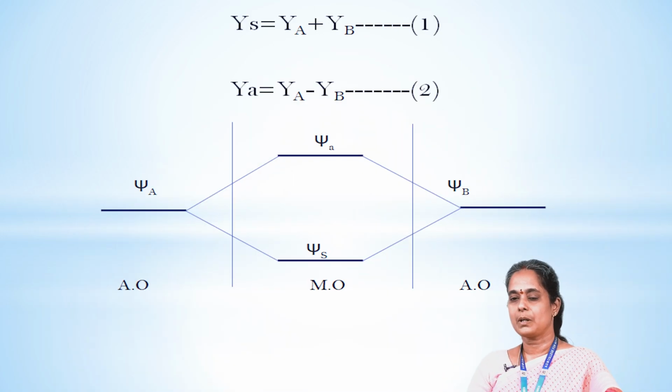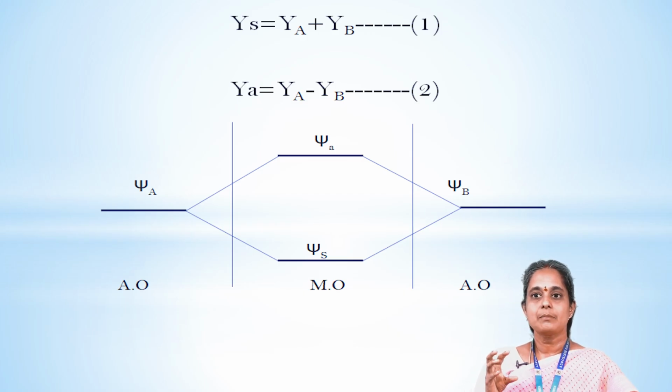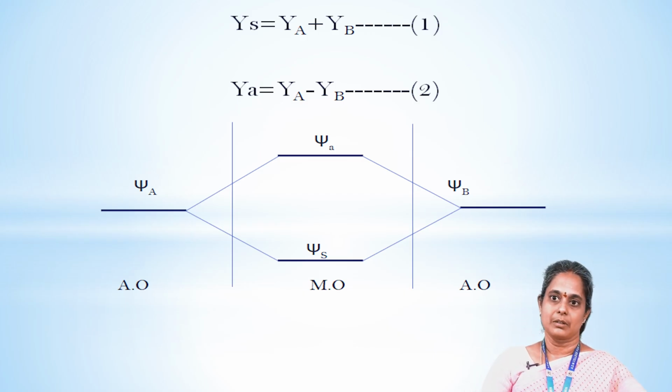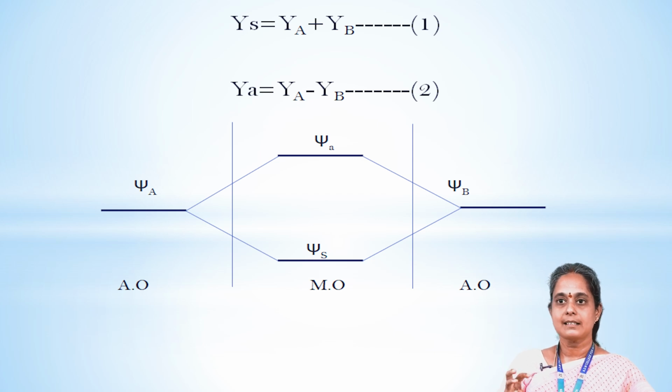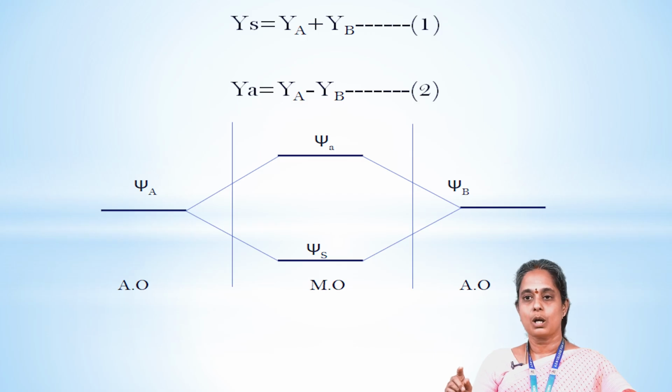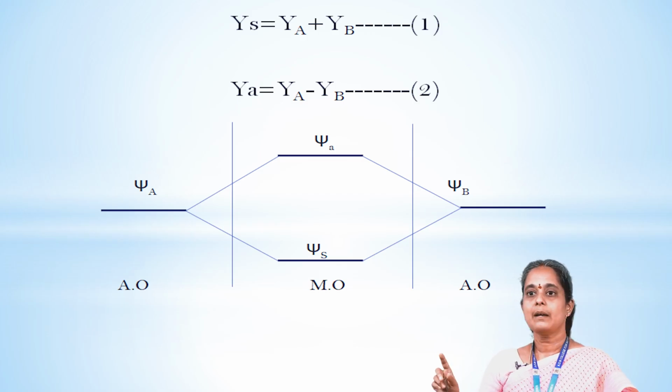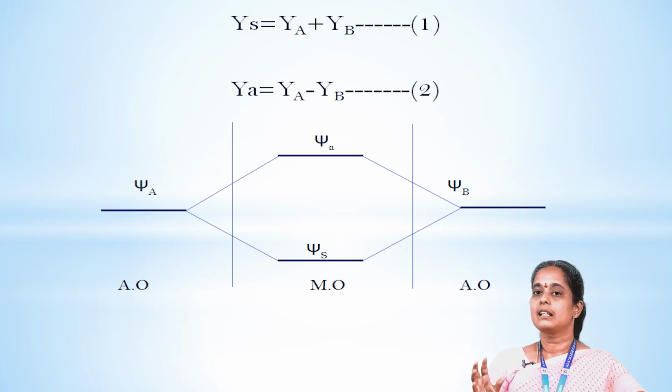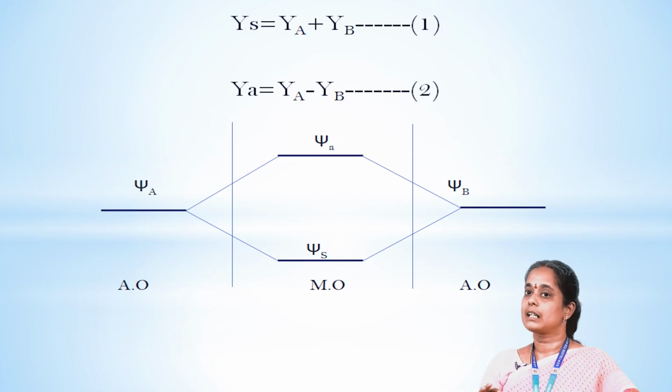That is the first equation, for the symmetric combination. The other one is the antisymmetric combination equation, Ψa = Ψa − Ψb. That means in the symmetric combination we take the summation of the two nuclei, and in the antisymmetric, the difference of the two nuclei.